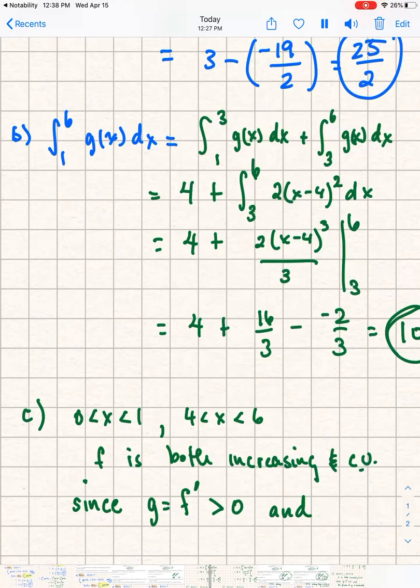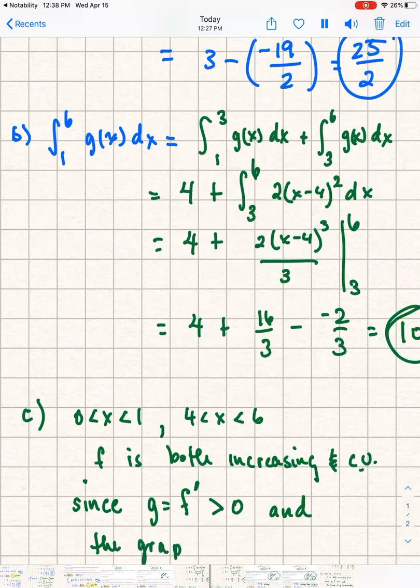And the same idea, since g is equal to f prime, and the graph is increasing.